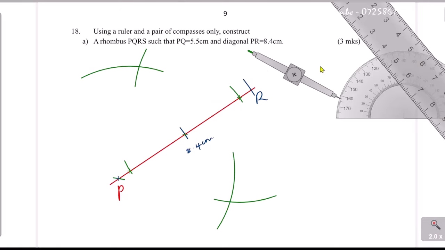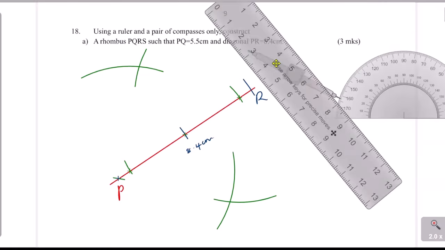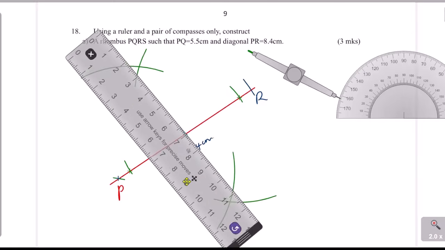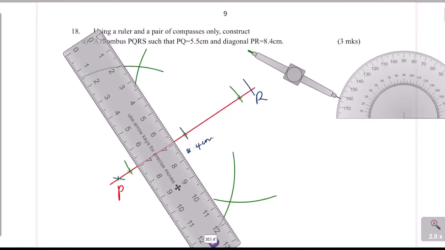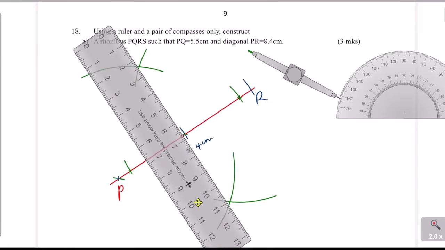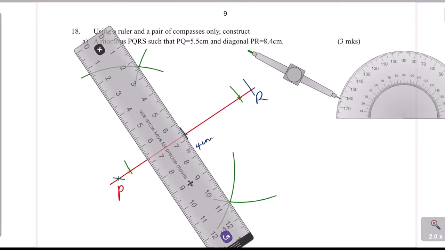So now joining these two, you can use a ruler to join these. So now you need to join that using a straight line. So that will be the other diagonal.